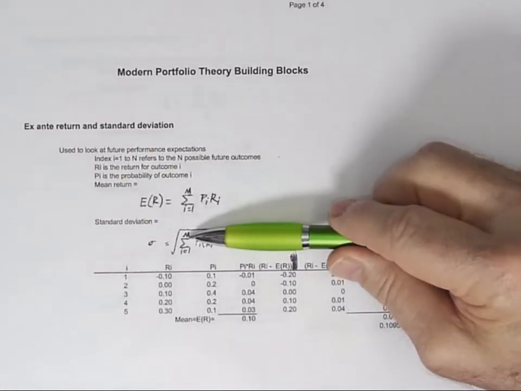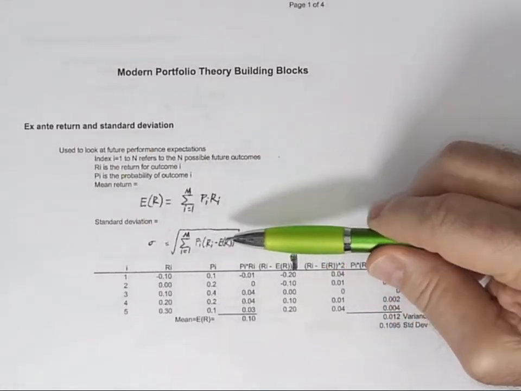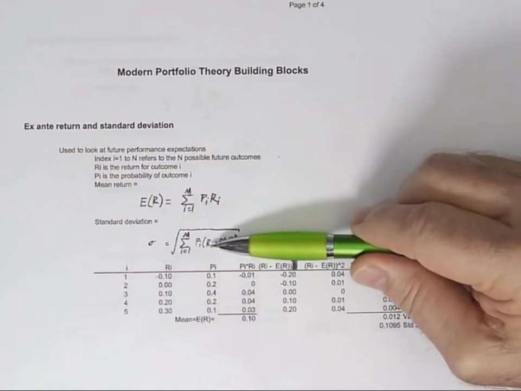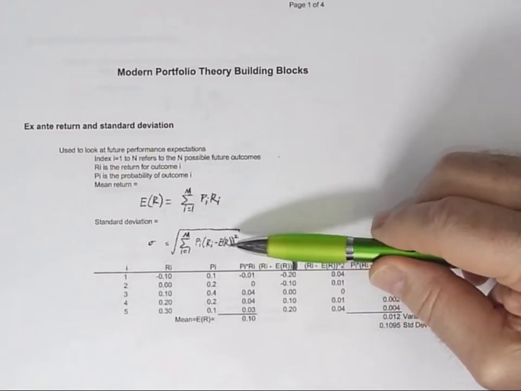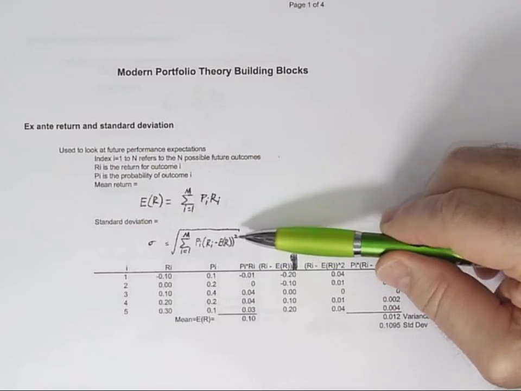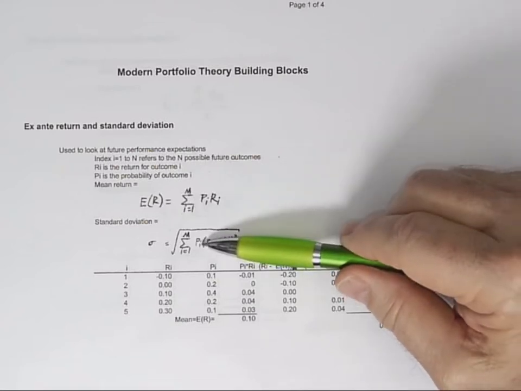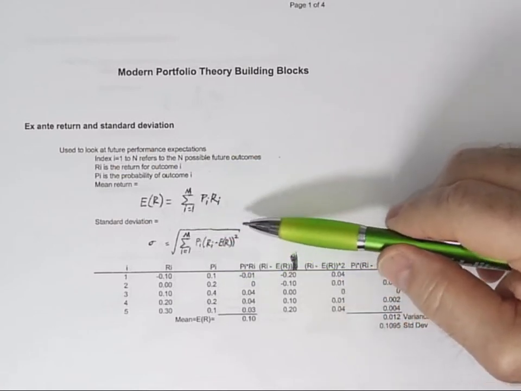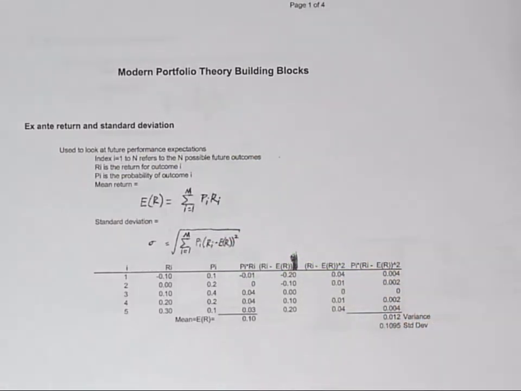The standard deviation says we're going to take the deviation from the mean for each one of the returns, square it, multiply it by its probability of occurrence, add them all up, and then take the square root. Sounds like a lot, and I suppose it is, but we're going to plow through it.